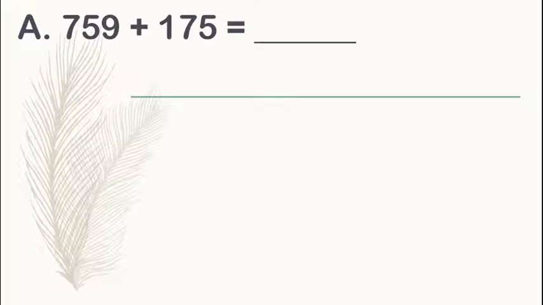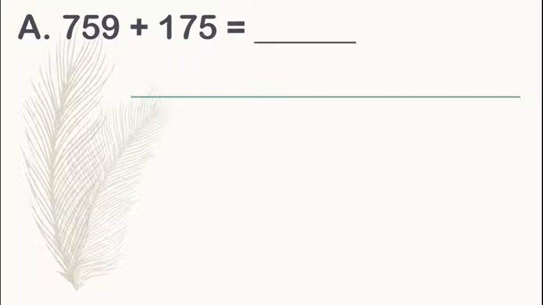So let's start with example letter A. We have 759 plus 175 is equal to blank. So we need to find out what is the sum of the two 3-digit numbers.